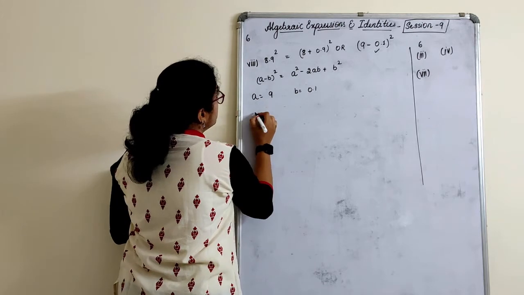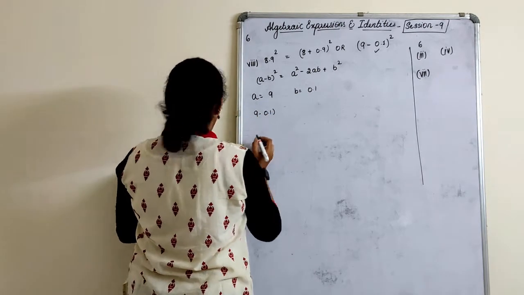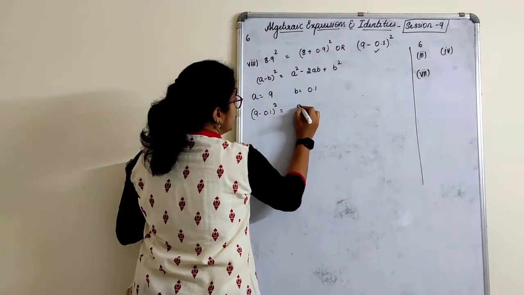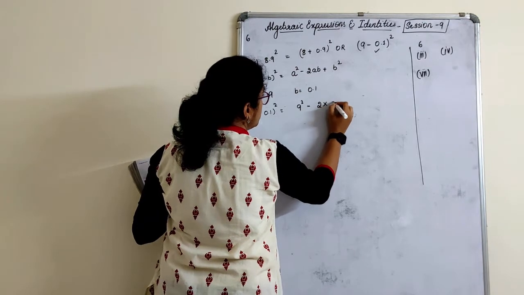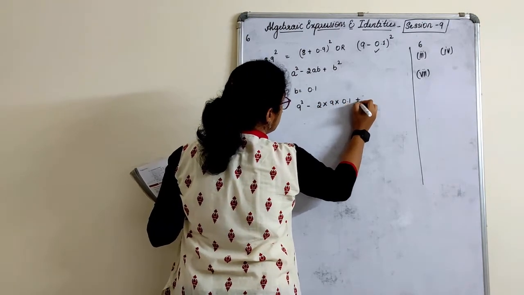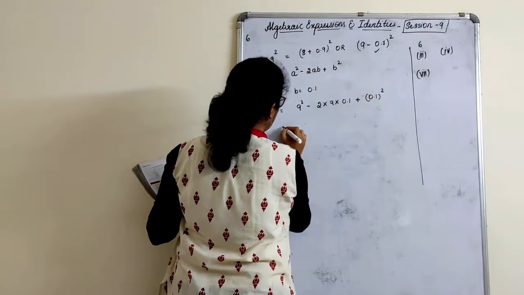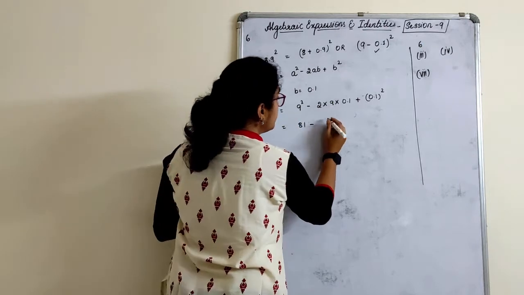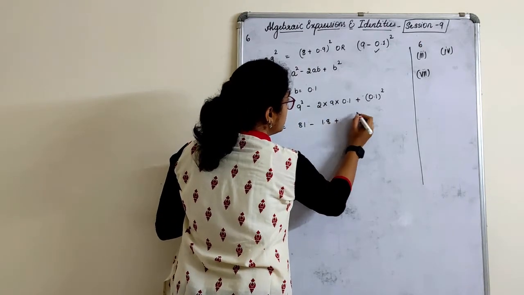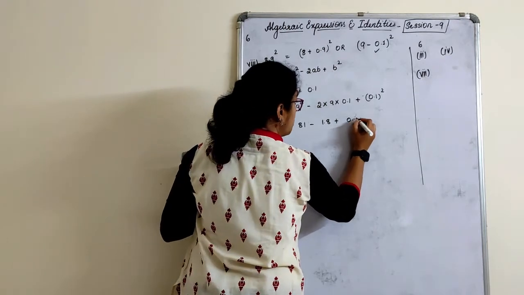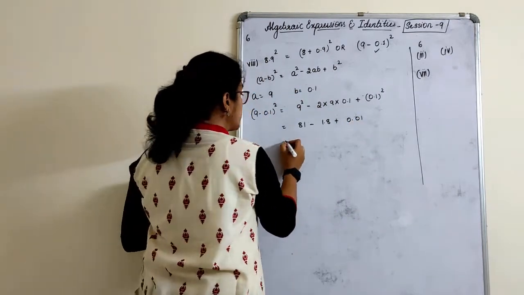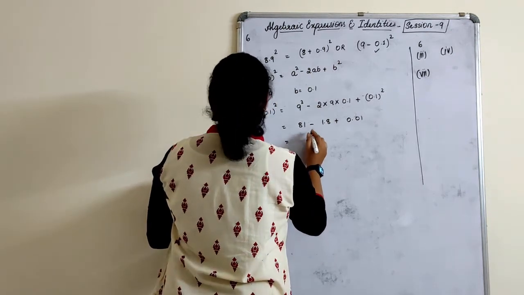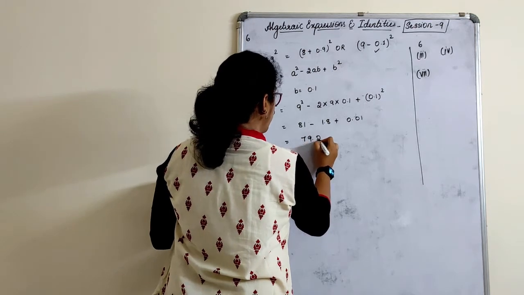So 9 minus 0.1 whole square is equal to 9 square minus 2 into 9 into 0.1 plus 0.1 whole square. 9 nines is 81 minus 2 nines are 18. 18 into 0.1 is 1.8 plus 0.1 whole square is 0.01 after 2 decimals. So simplify this. 81 minus 1.8 plus 0.01, you will get 79.21.